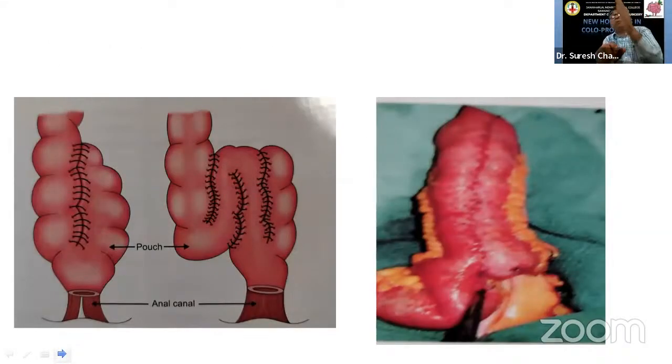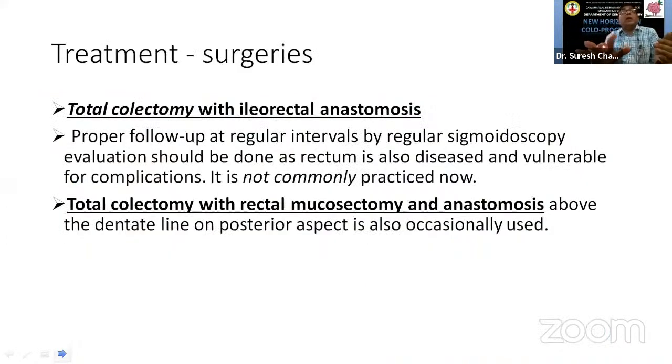Now these are the pouches which I have already shown you. This is the diagram, and you can see the pouch is created. The lumen is increased, just like a rectum or sigmoid colon. Treatment surgeries: total colectomy with ileoanal anastomosis, or total colectomy with rectal mucosectomy. Now, the rectal mucosa actually is the victim.